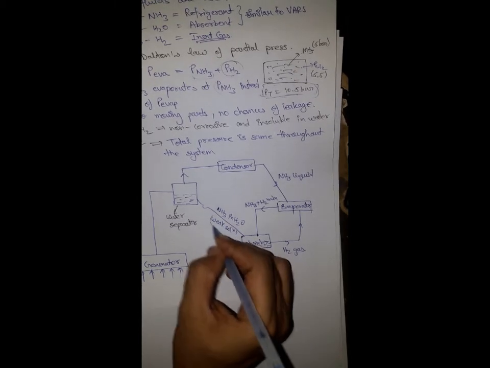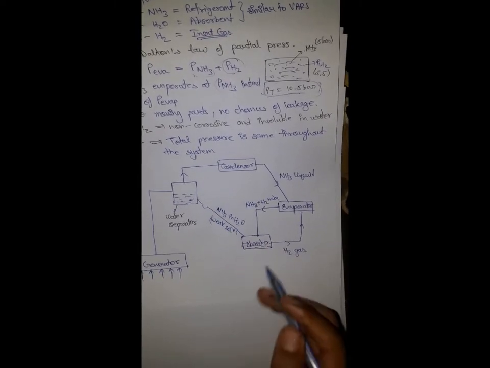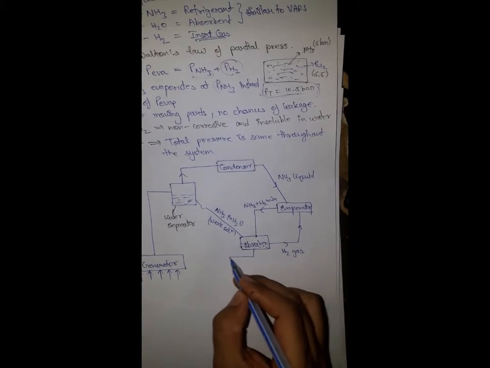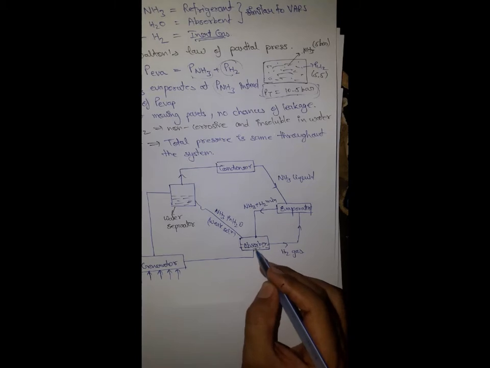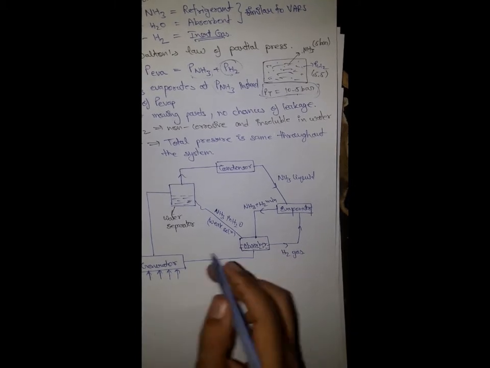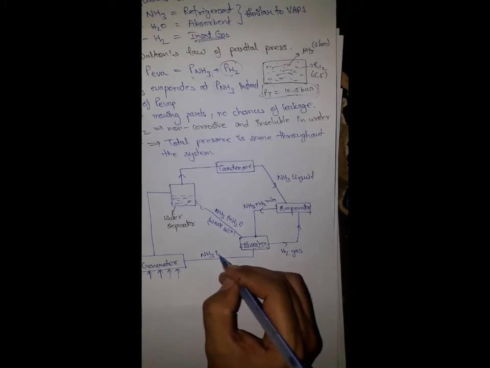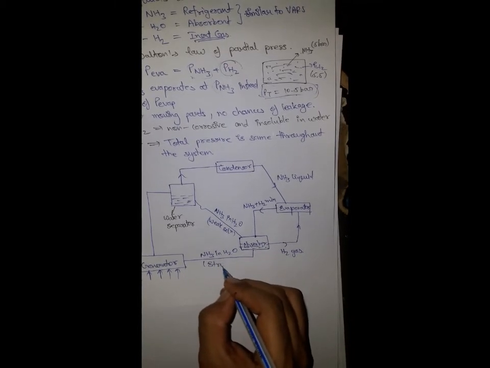Weak solution here refers to the concentration: ammonia's concentration in water is now less, and this absorber then again circulates this ammonia and water solution to the generator. This is the strong solution.